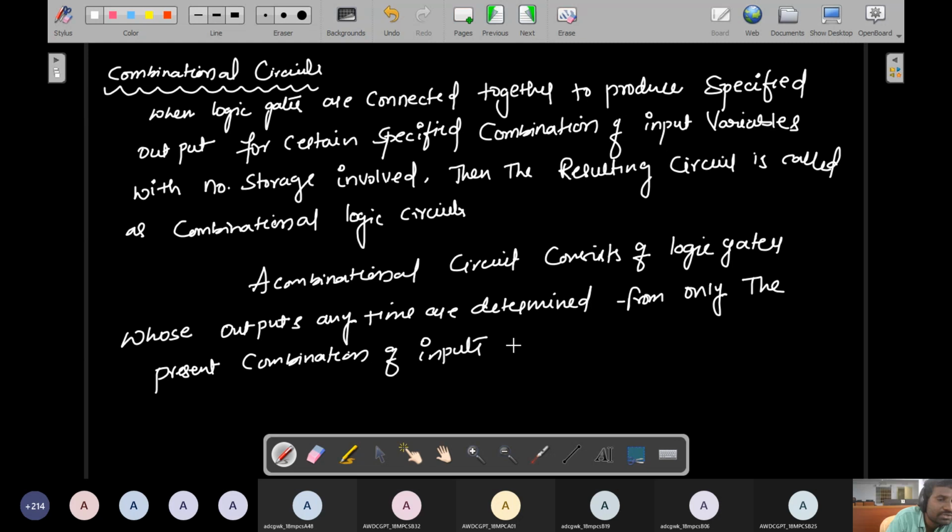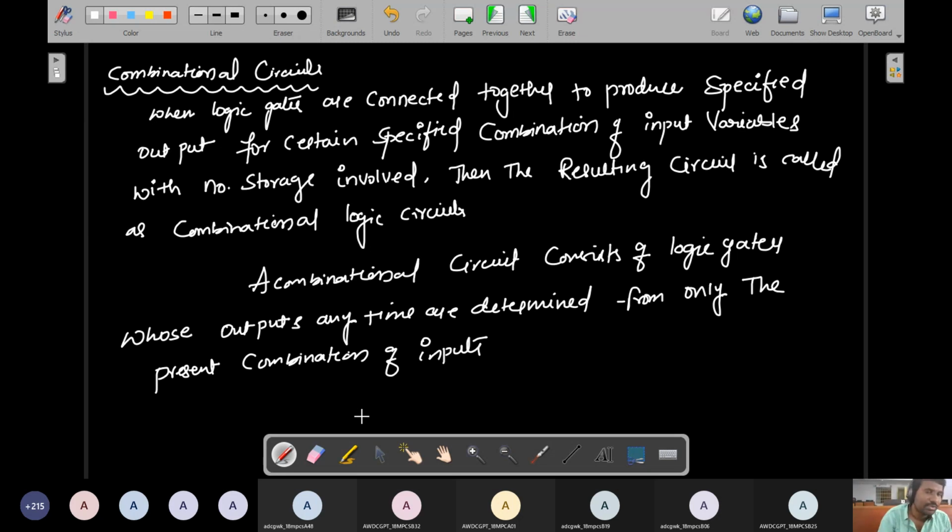Here the combinational circuit has a number of inputs and a number of output variables. In this combination the logic gates' outputs at any time are determined only from the present combination of inputs. So this is the concept of combinational circuits.